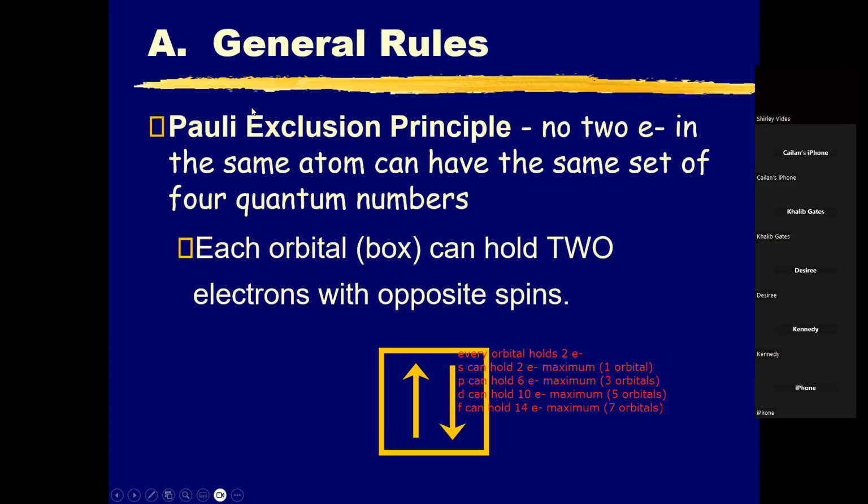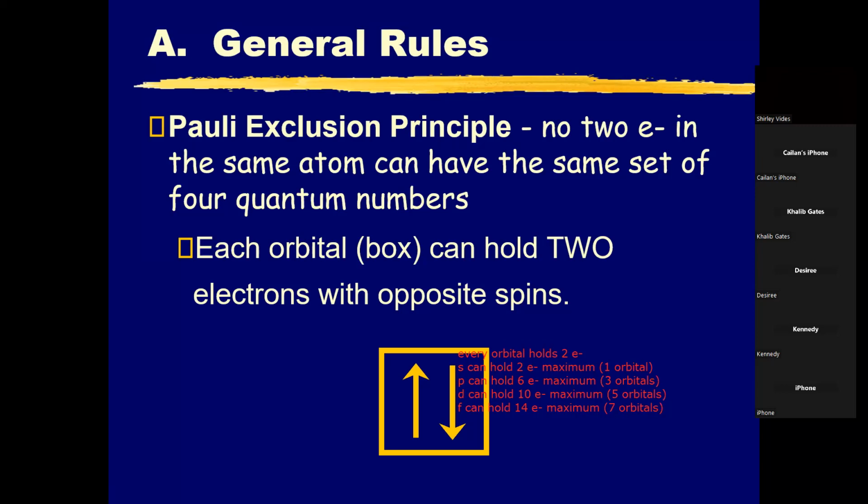There is Pauli's exclusion principle, which states that no 2 electrons in the same atom can have the same set of quantum numbers. What is a quantum number? A quantum number is a numerical description of the electron's position in an atom. There are 4 quantum numbers for each electron, but no 2 can have the same 4.